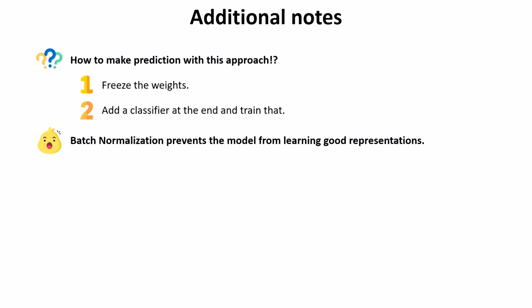But one additional thing is that batch normalization prevents the model from learning good representations, which the authors figured out during their experiments. At first, it is a bit surprising, but then it makes sense, because when we have batch normalization in our model, then, for example, let's just say I have 4 images. When I apply this batch normalization, it passes some batch statistics from one image to another.